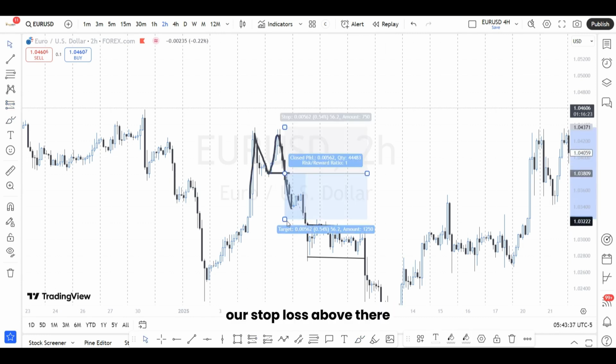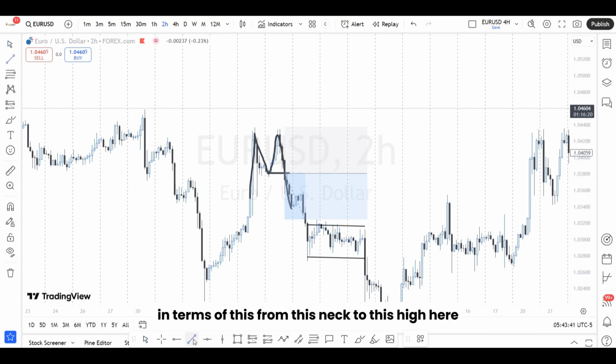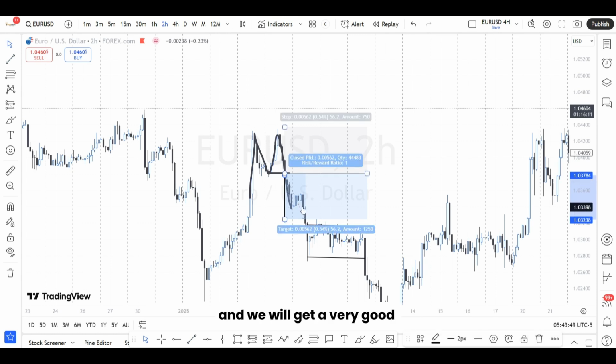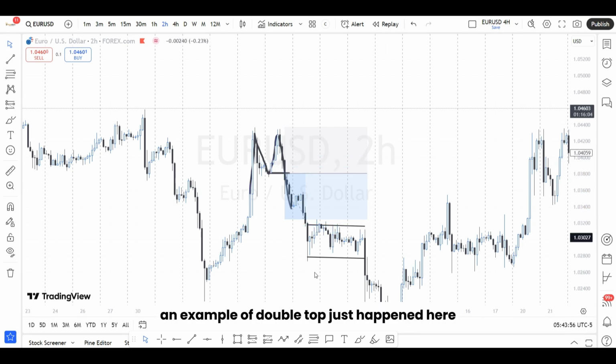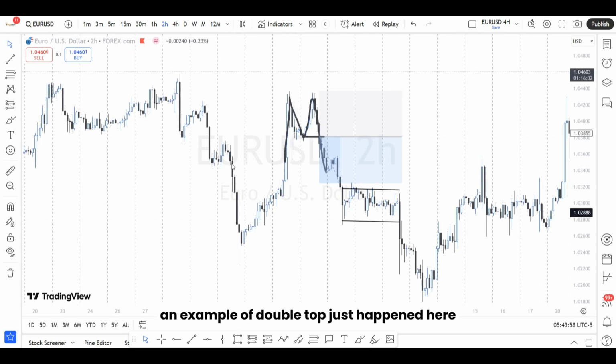Our stop loss above there. We look for the movements of the market in terms of this, from this neck to this high here. We take that length, we put it down to the market, and we will get a very good 1:1 risk to reward trade. So you can see how an example of double bottom just happened here.